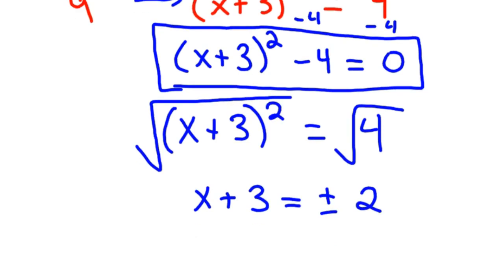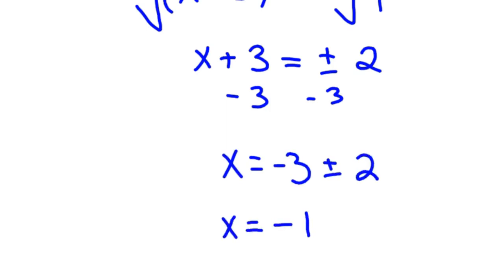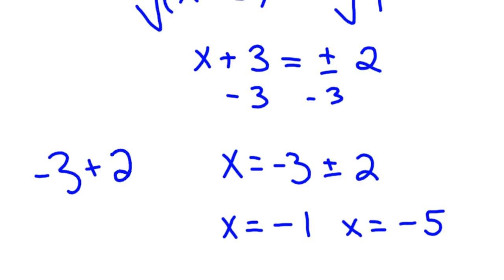And then your teacher said, go ahead and subtract the 3, and your answer is x equals negative 3 plus or minus 2, x equals negative 1, x equals negative 5. Again, I'm skipping some steps because I want to get to algebra tiles. Negative 3 plus 2 is the negative 1. Negative 3 minus 2 is the negative 5.